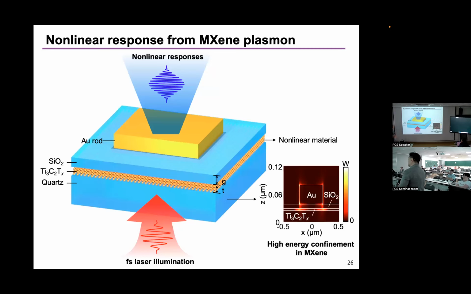Okay, so we found that the MXene plasmon model exists in this structure, and we know that MXene has very large optical nonlinear properties. So with the large field enhancement and the large nonlinear properties, we can expect that this MXene-based plasmon structure provides very giant nonlinear properties compared to other 2D materials in the SWIR regions.